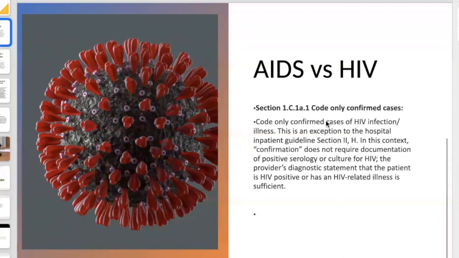It started with the statement that says code only confirmed cases. This is in reference, guys, to a scenario where a patient goes to her primary care provider, and the primary care provider diagnoses the patient with HIV or HIV positive.